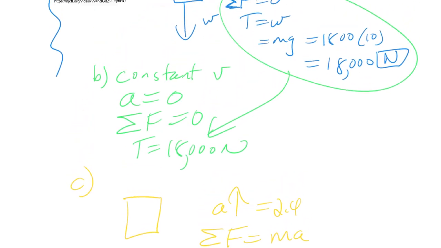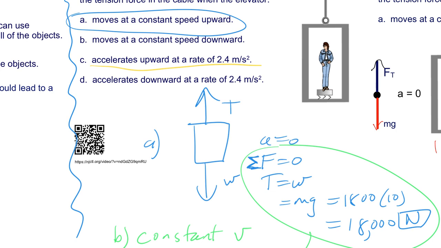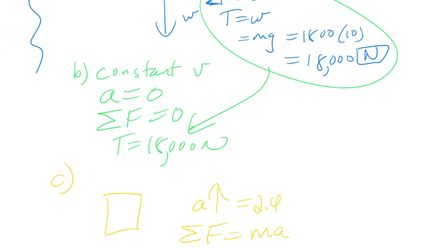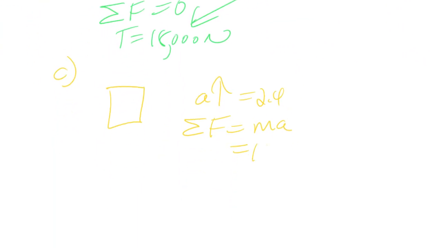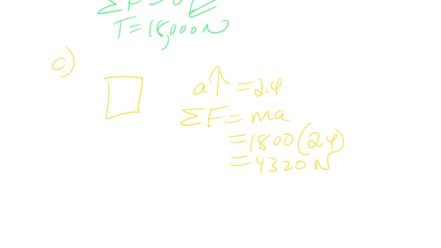So the mass is, again, 1800 times 2.4, the acceleration. So we get 4320 newtons for the net force. I want the tension. So the acceleration is up, so the net force has to be up as well.